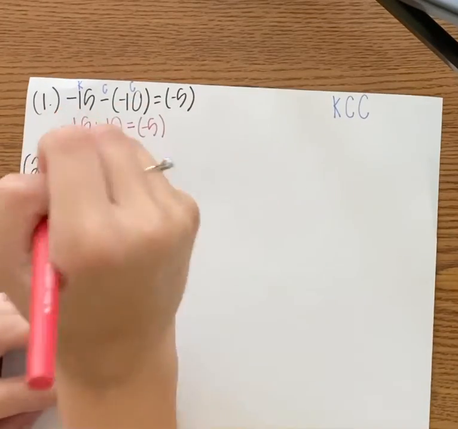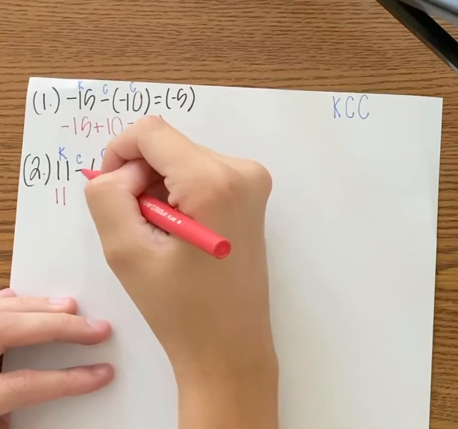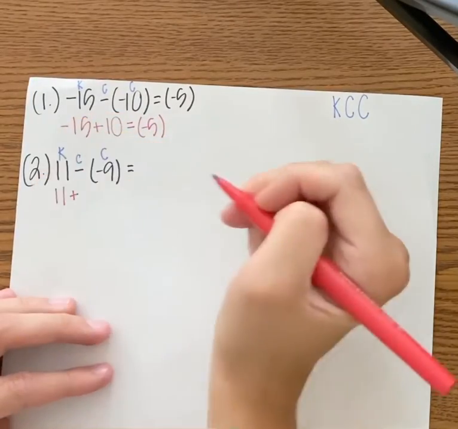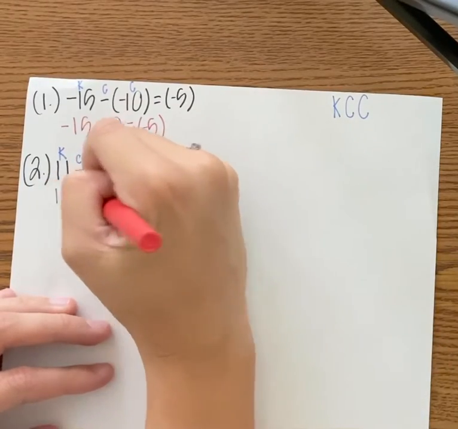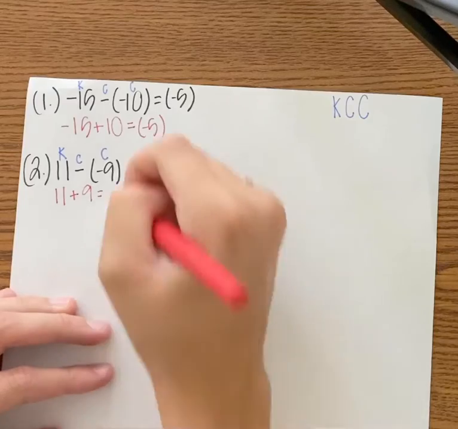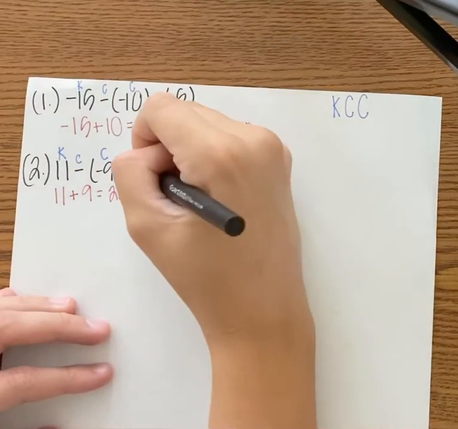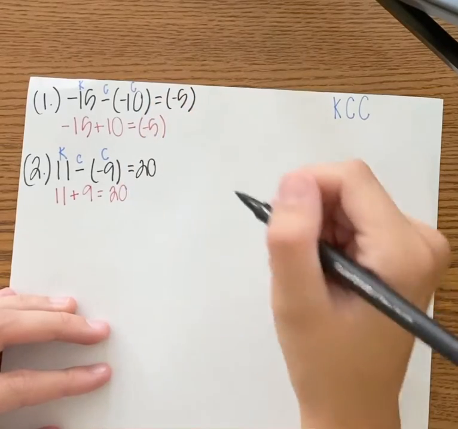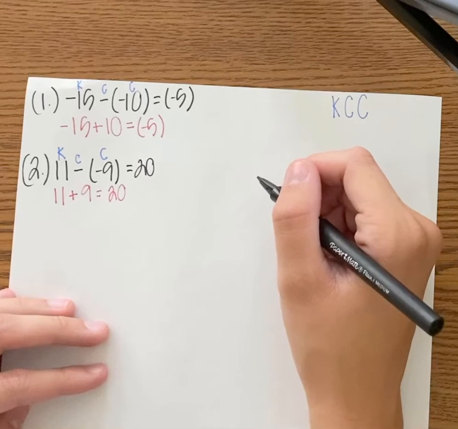I write 11 because 11 keeps, it stays the same. I change subtraction to addition, and I change my negative 9 to a positive 9. 11 plus 9 is 20. My answer is 20. Again, these are equivalent equations because they have the same answers. They share the same solutions.